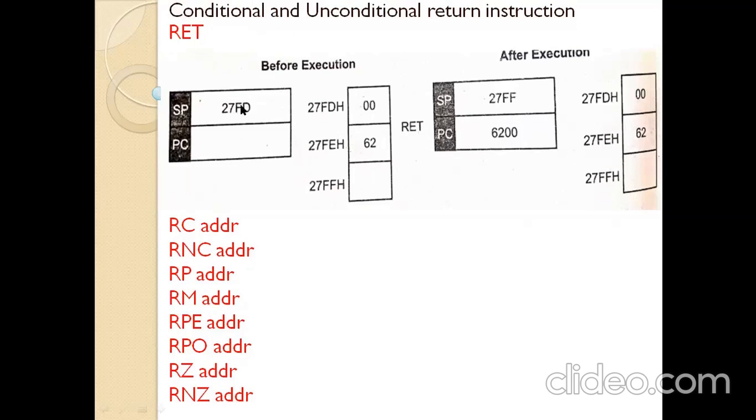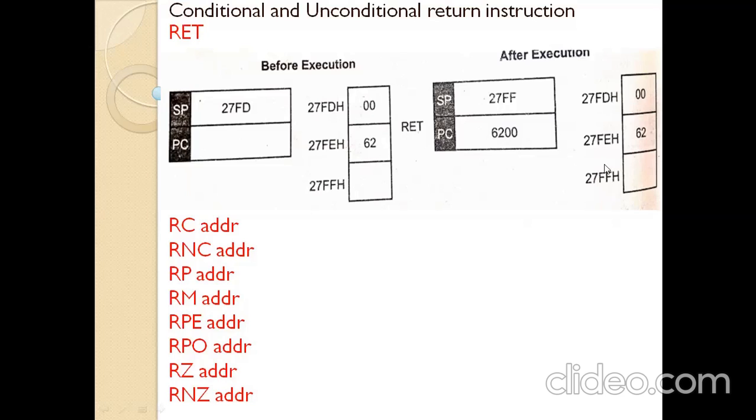The stack pointer value is 27FD, and this is the stack. Two data are stored. This is the last data stored, so that address, 27FD, is stored in the stack pointer. Now, when you use the return instruction, this address will be taken from the stack and placed in the program counter.